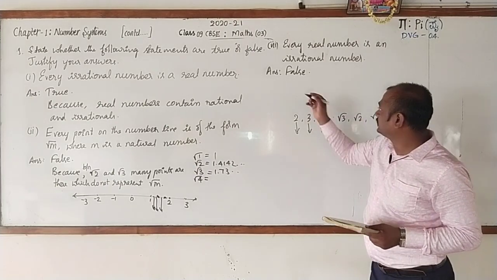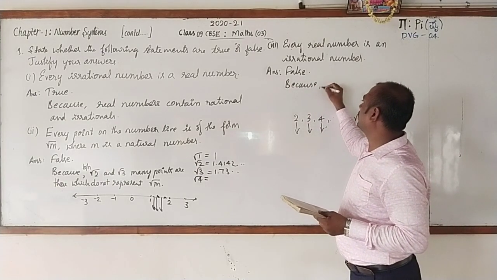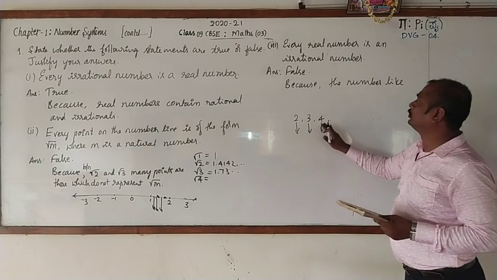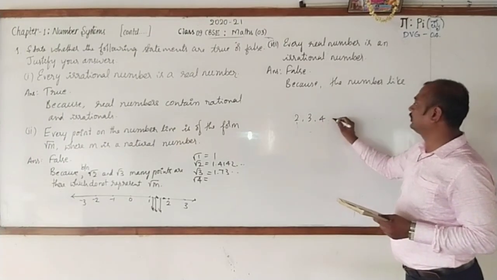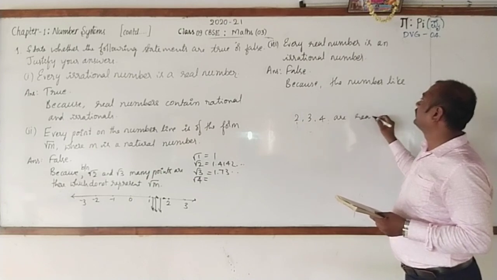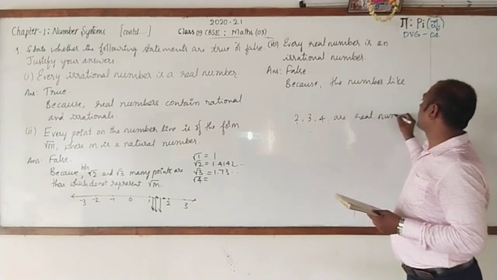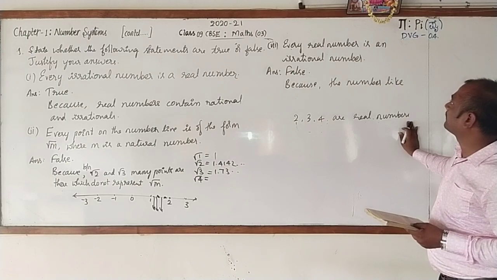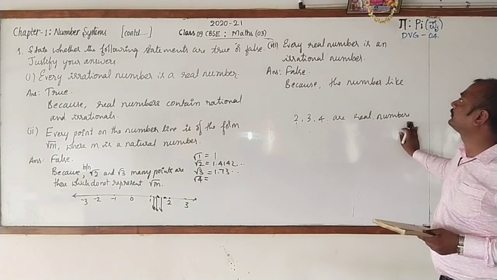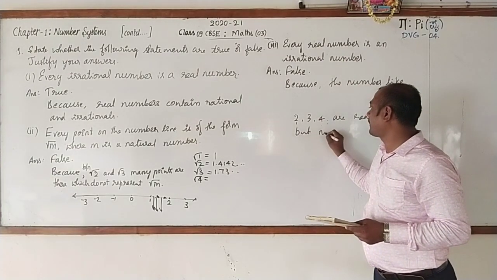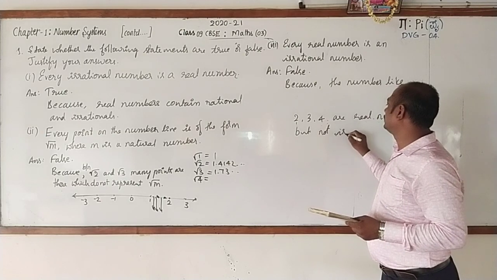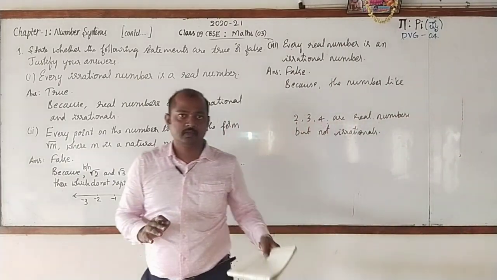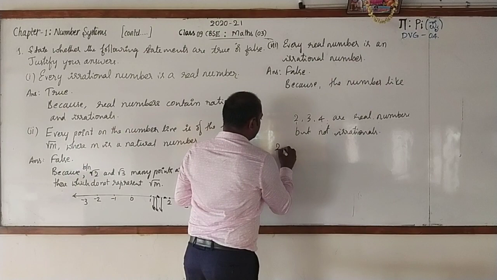And you can give the justification that numbers like 2, 3, 4 and so on are real numbers, but not irrationals. Got it?